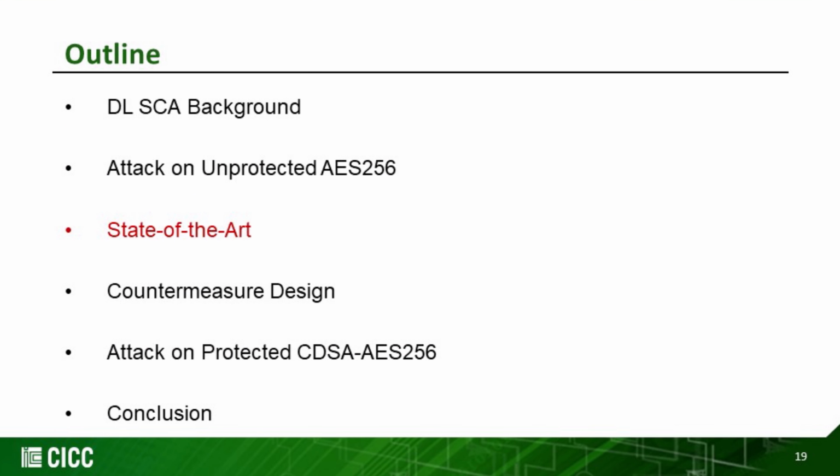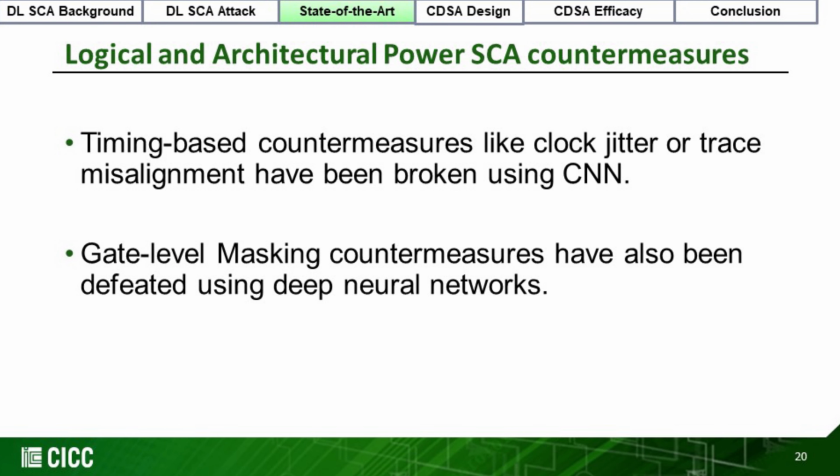Now, let us look into the state-of-the-art countermeasures. The existing logic level and architectural countermeasures include gate level masking and introducing clock randomizations. The timing-based countermeasures like clock jitter or trace misalignment have been broken using convolutional neural networks.